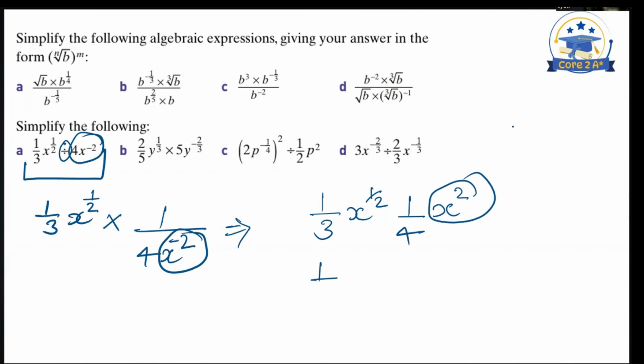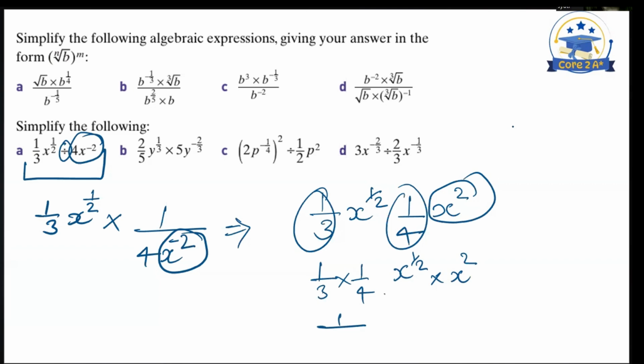So first we will calculate the numerical value, 1/3 times 1/4, okay? And x to the power half times x to the power 2. So it means what? 3 times 4, it's 12. And see very carefully, we have the same base, x. Write the base one time.